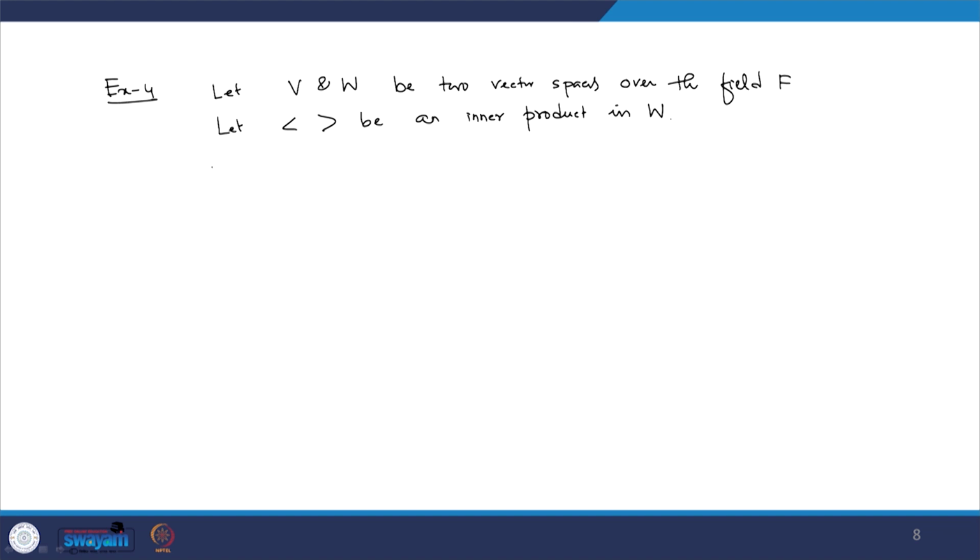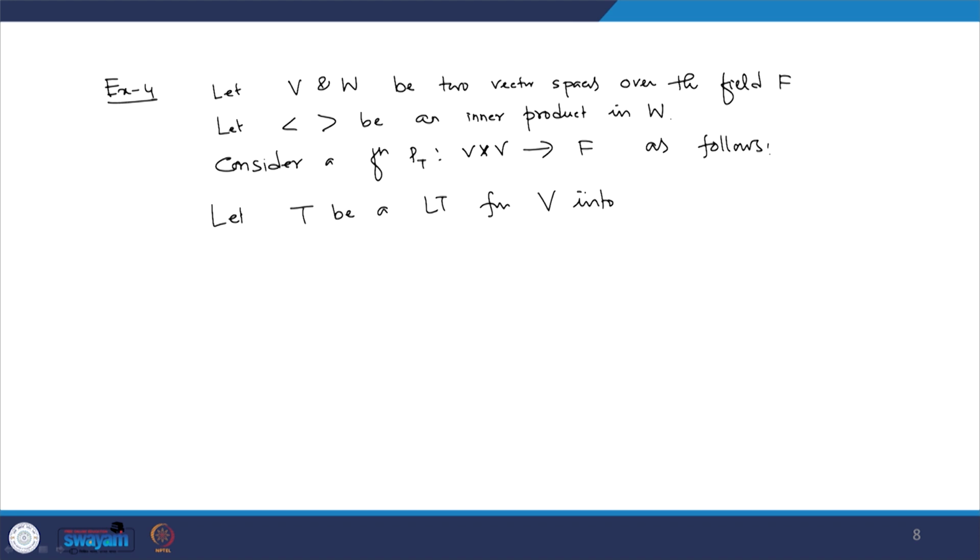Now, let me define a function. Consider a function PT from V cross V to F as follows. Let T be a linear transformation from V into W, and T is 1-1, I mean that is non-singular.